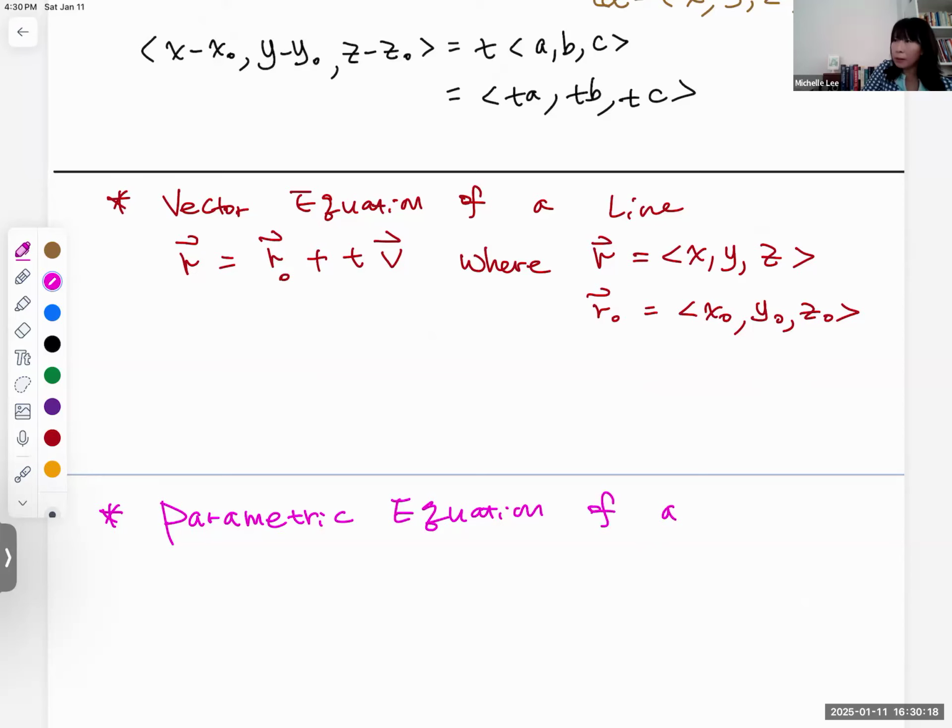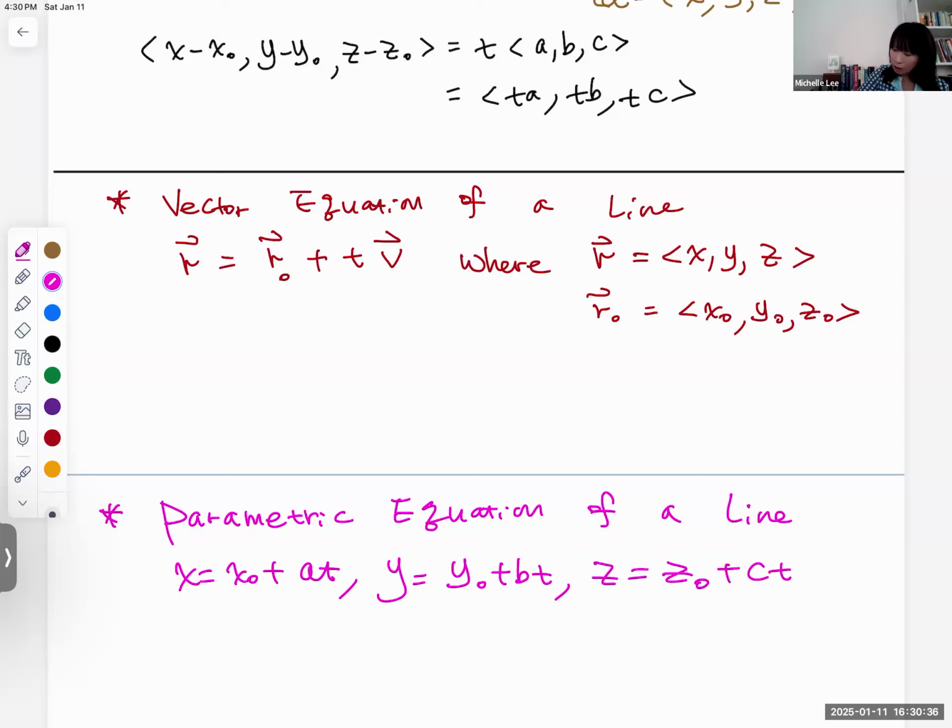So we have a parametric equation of a line: x equal to x naught plus at, y equal to y naught plus bt, and z equal to z sub 0 plus ct, and a, b, c are numbers.